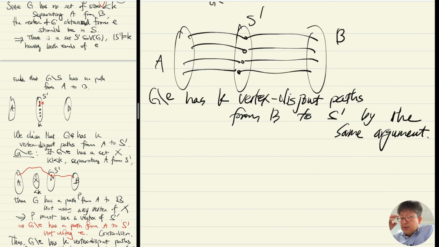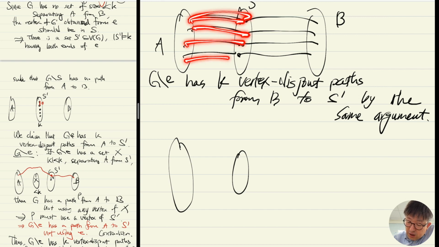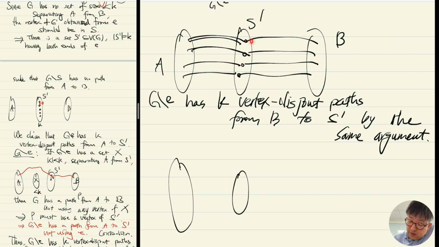Now I claim that when you combine these paths, you have vertex disjoint paths. What can go wrong, right? None of the paths on the left-hand side will share a vertex, because they were vertex disjoint. No two paths here share a vertex by assumption. How about paths on the left and paths on the right? Can they share a vertex?